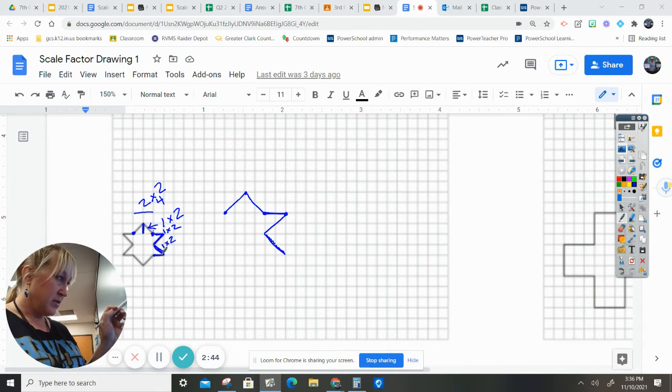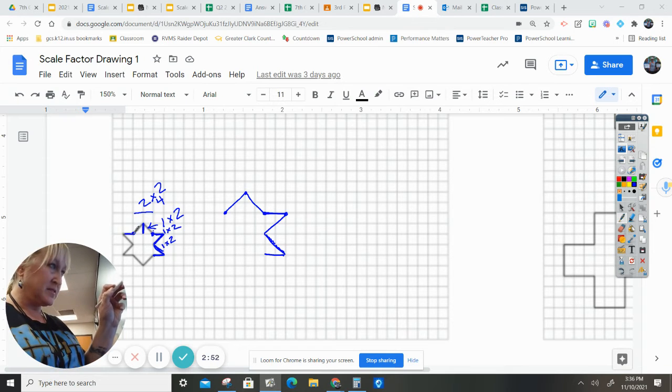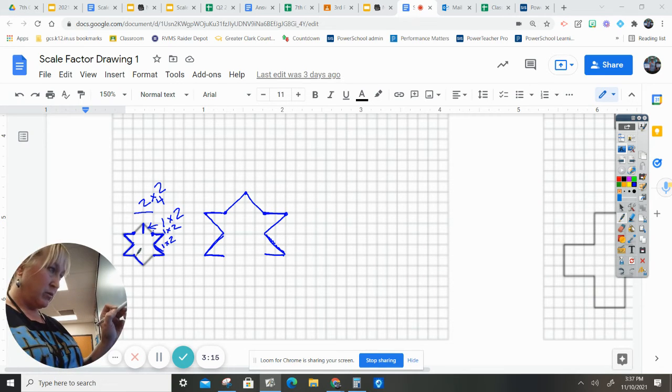Okay. That 1 turns into 2. This 1 turns into 2. 1 square turns into crossing 2 squares, and the same for each remaining side.